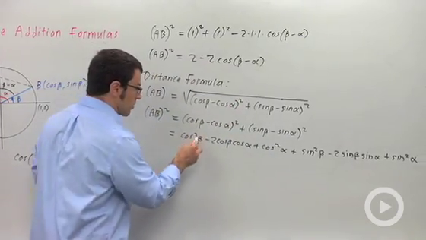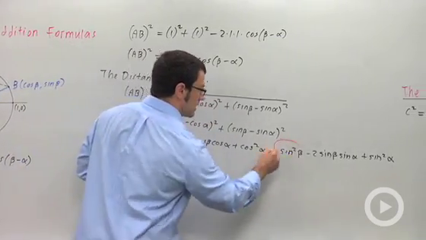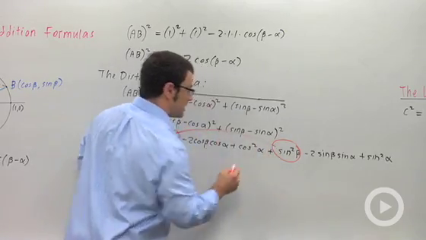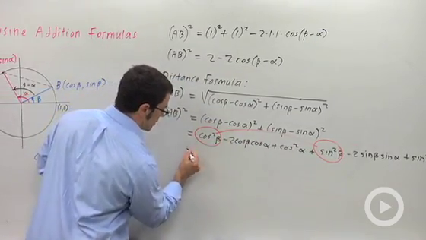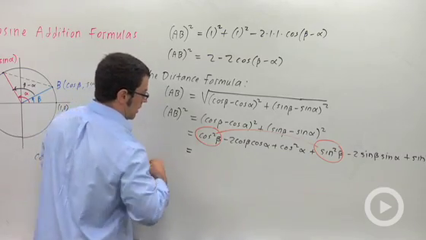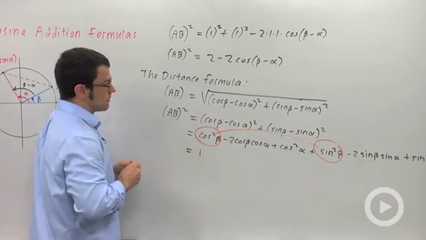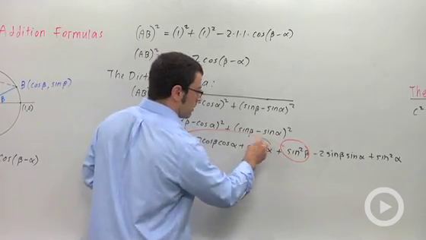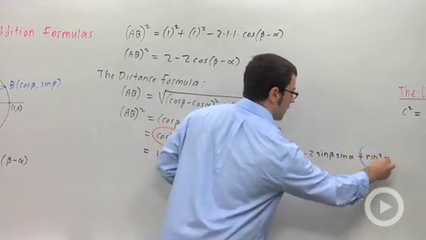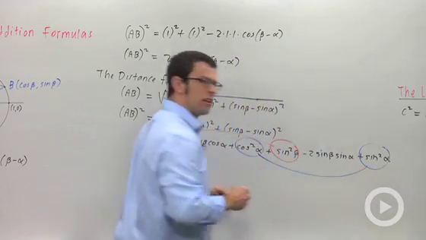We have a cosine squared beta and a sine squared beta. These two together make 1. I'll color code this, 1. But we also have a cosine squared alpha and a sine squared alpha, and those two together make 1.